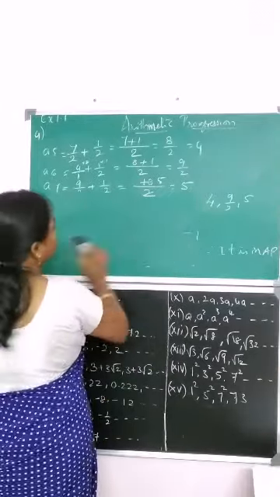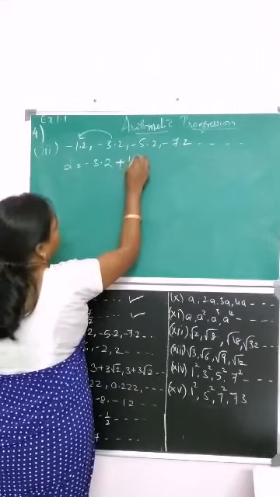Let us check whether it forms an AP. How to find the common difference? Difference is equal to second term minus first term. The second term is minus 3.2 minus the first term. The first term has a minus sign, so minus into minus becomes plus, that is 1.2.